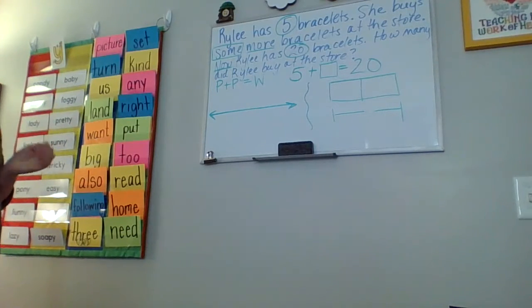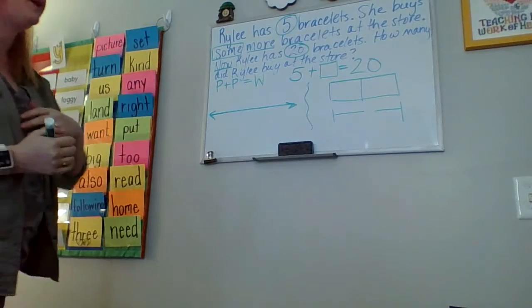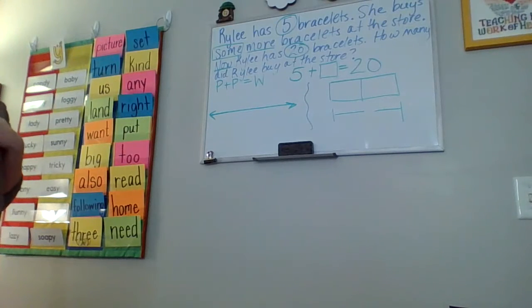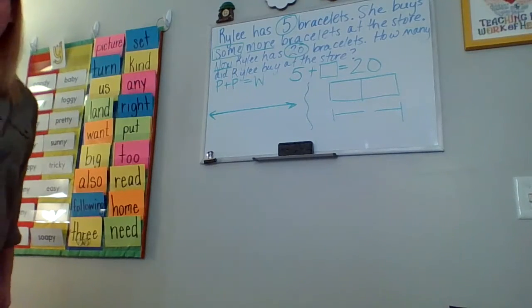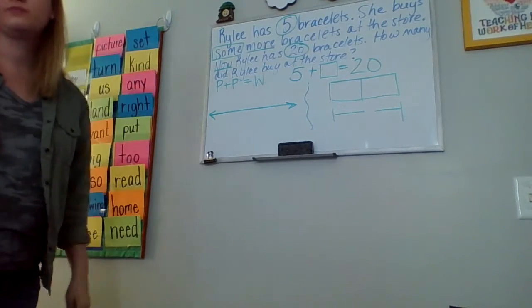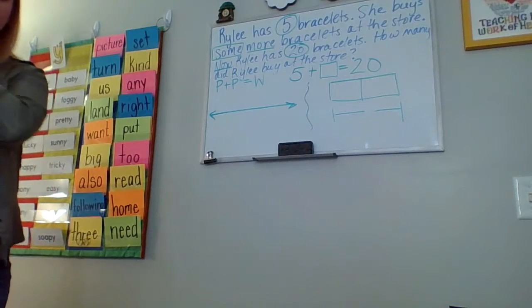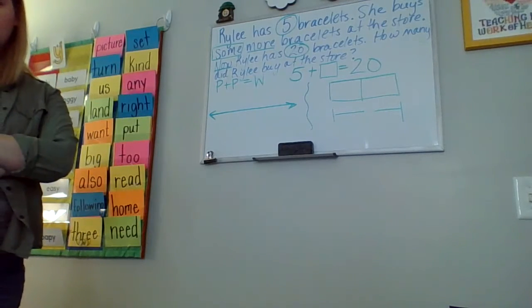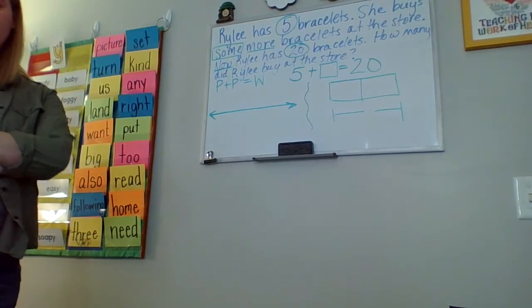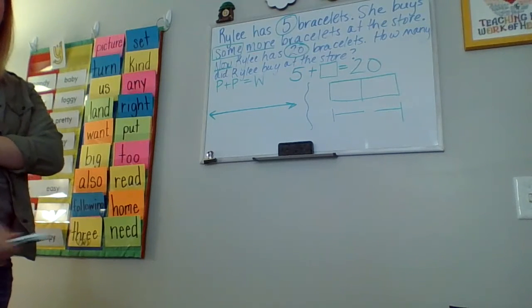Okay. Open number line or part whole. That's what I'd like to see. Part whole is like drawing pictures. Just remember that. When you finish, put your finger on your nose and stick out your tongue.